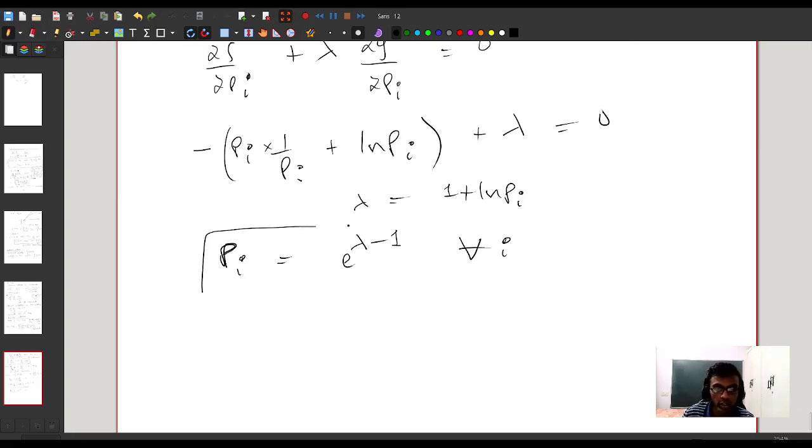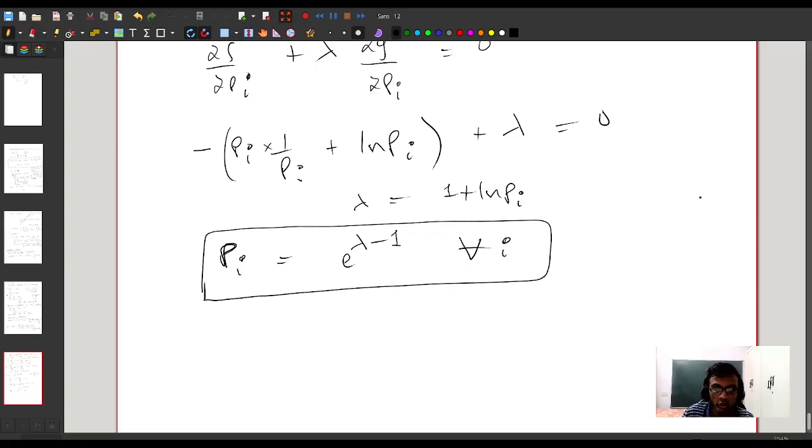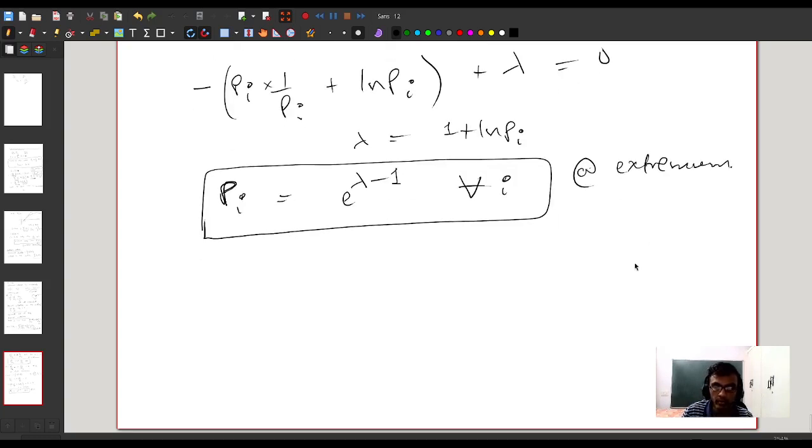This is the solution for the extremum. Since the probabilities must add up to 1, this must be 1 over I for maximum entropy.